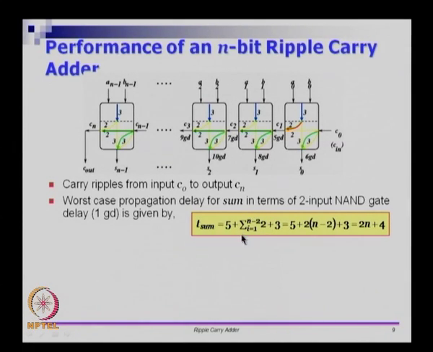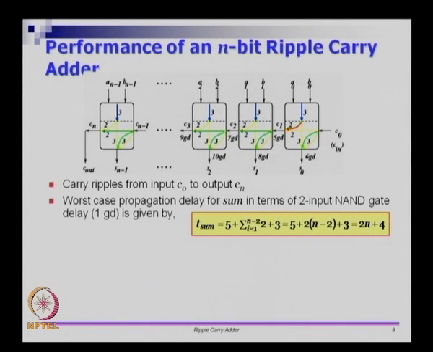This is the delay for Cn minus 1 to be generated. So i equal to 1 to n minus 2 times 2. So we are adding so many times 2, this is 2 gate delays of NAND gate, because of generating the Cn minus 1. But once Cn minus 1 is generated, you still need 3 more time units to settle Sn minus 1. So T sum is 2n plus 4.